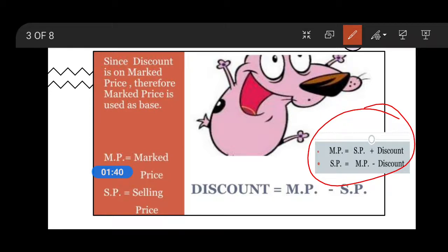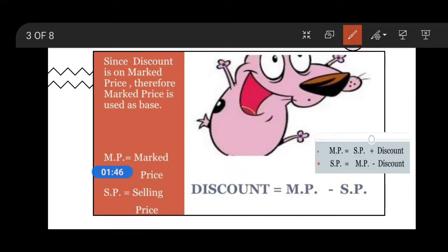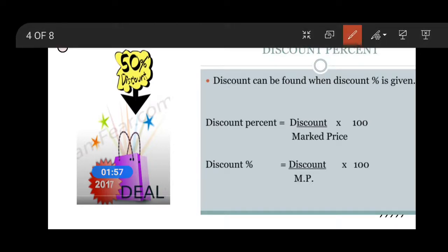Now how will you calculate the discount percentage? Discount percentage can be calculated by dividing discount with the marked price into 100. I was giving you an example of 500 rupees and selling price was 450.